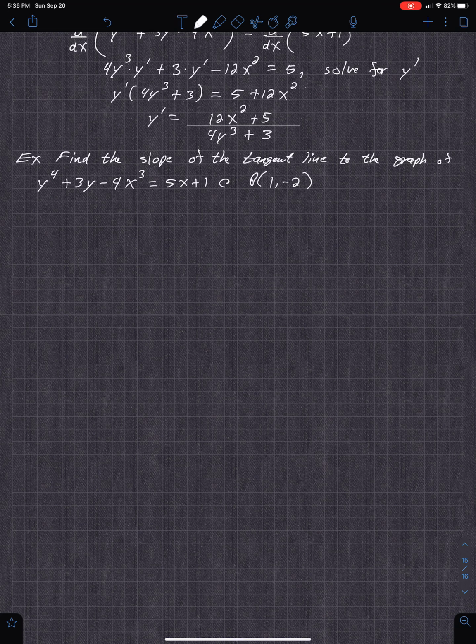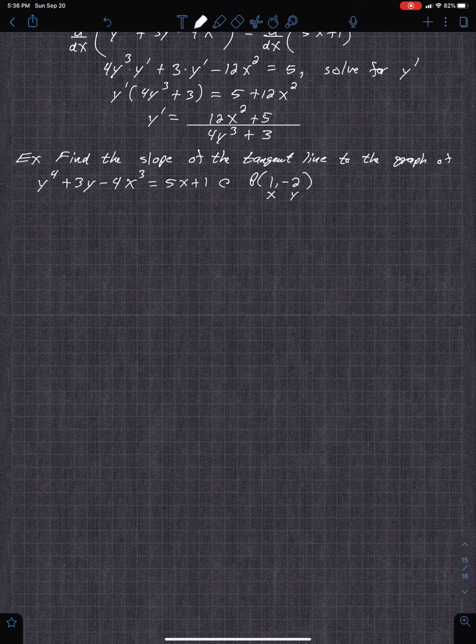You have to know that point is on the graph. It's given, so you assume that it is. You could check it if you wanted to, but no need if they give it to you. So this is your x and your y. If you plug in for x and y, you should get a true statement.